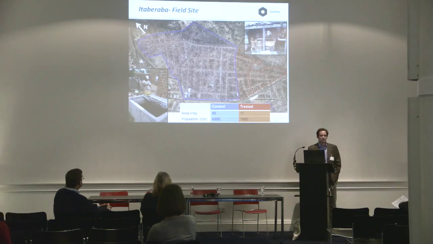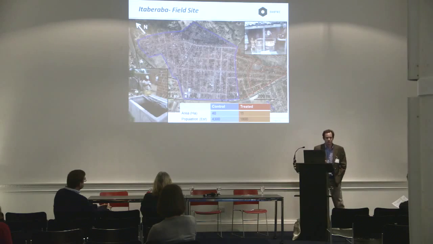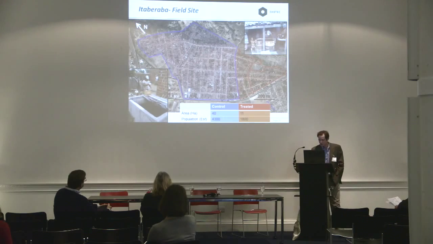All that adds up to Aedes paradise and a really difficult challenge to control mosquitoes. So our treatment area here in red was about 11 hectares with just under 2,000 people, and we matched it with a control area here, which is larger and more populated.